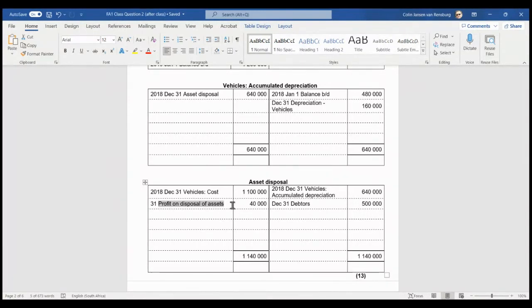If it ended up on the debit side, it would have been a loss, but it's going to end up on the credit side. Here we can see we are crediting profit on disposal of assets and we are debiting the asset disposal. So therefore, because it ends up on the credit side of that account, it has to be a profit. Okay, ladies and gents, hopefully you are happy with the ledger accounts now as well.